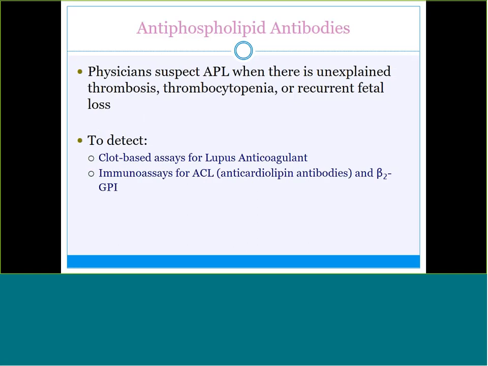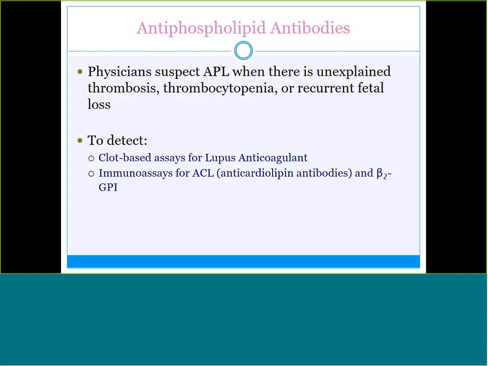It's a weird name, but it's basically an antibody that we have formed when somebody has lupus and is promoting clotting to occur. It's one of these. There are other ones called anticardiolipin. There's beta-2 GPI. There are other types of antibodies. Antiphospholipid is an overall category, and underneath that there's a whole bunch of different ones found in the various autoimmune diseases.